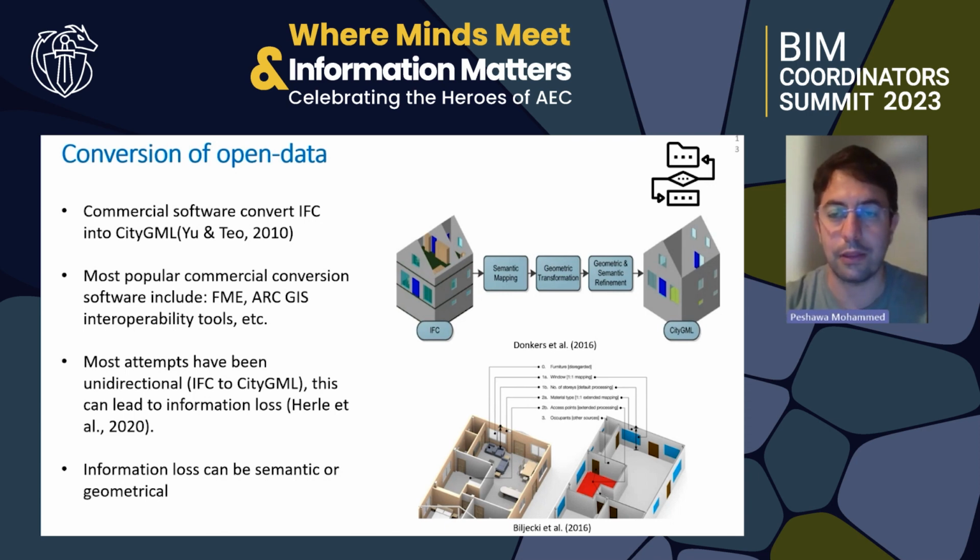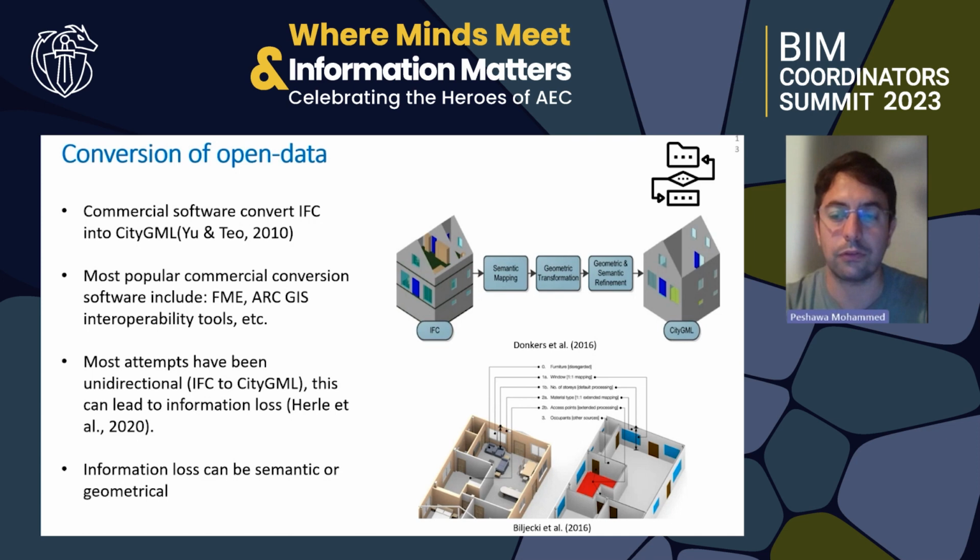On the right, in the photo at the top, we have an IFC model and we have a CityGML model. And in order to transfer IFC to CityGML, firstly, we need to conduct semantic mapping, then geometrical transformation, and then refinement of this geometrical and semantic transformation, because IFC is a very rich model compared to CityGML. So there are certain objects that are present in IFC, but they do not exist in CityGML.